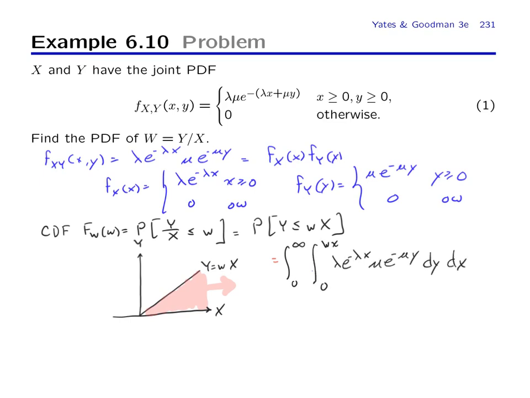So the rest of this problem is just calculus, and the textbook is as good or better at calculus than I am. So let's look at the solution.